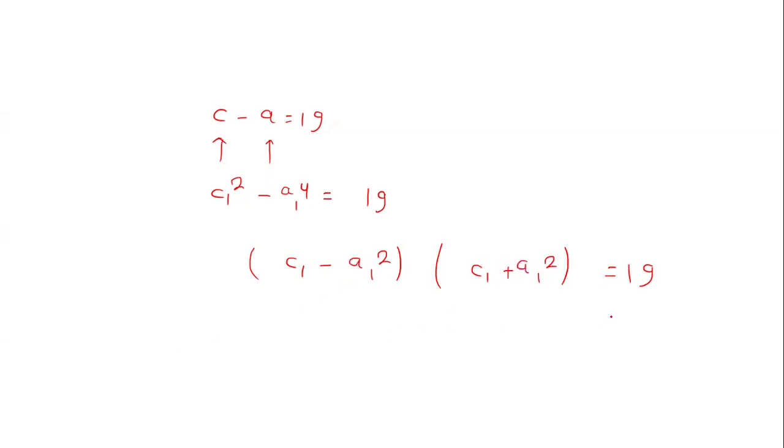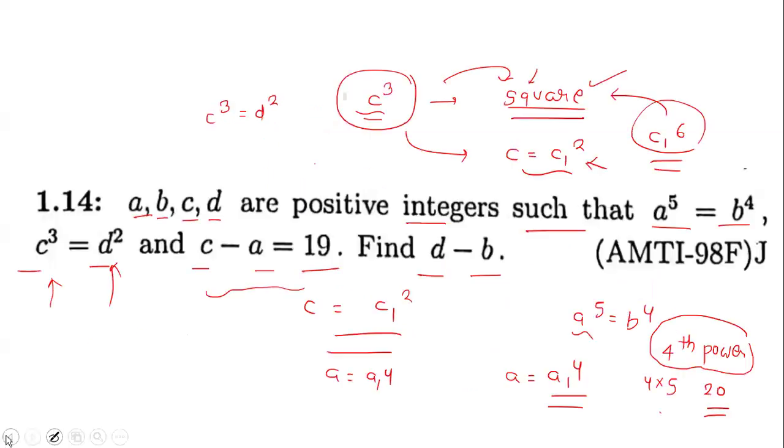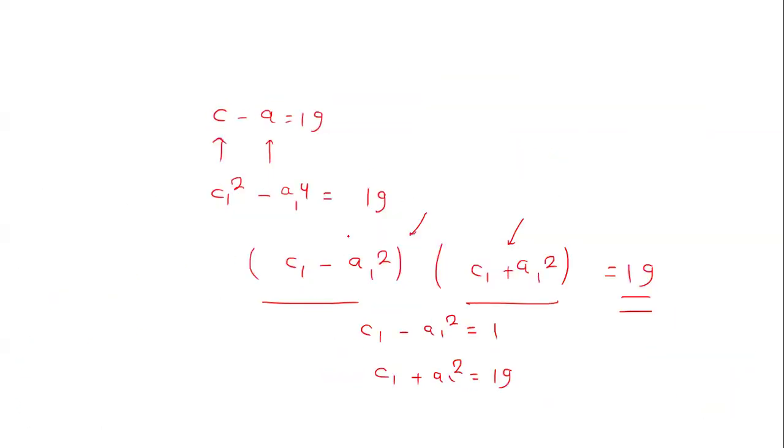Now 19 is a prime number, so the only possibility is c1 minus a1 square must be 1 and c1 plus a1 square must be 19, because a, b, c are positive integers.